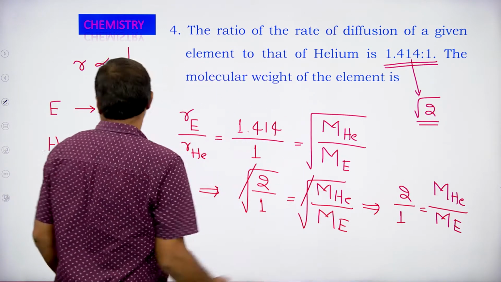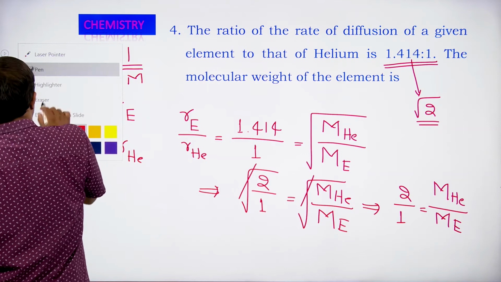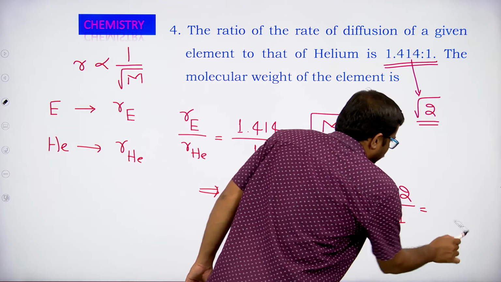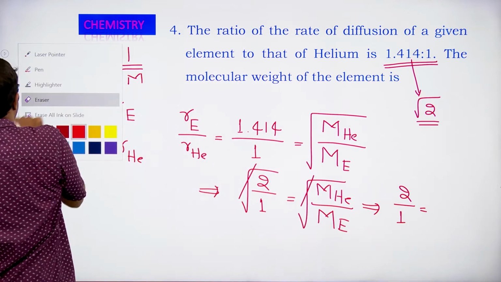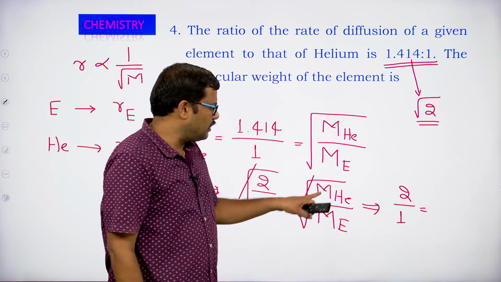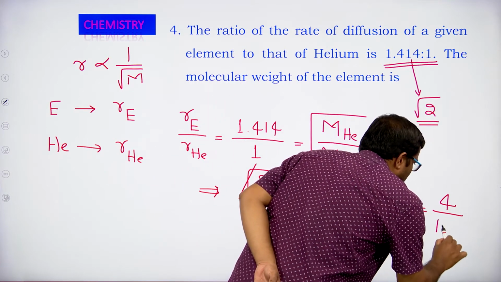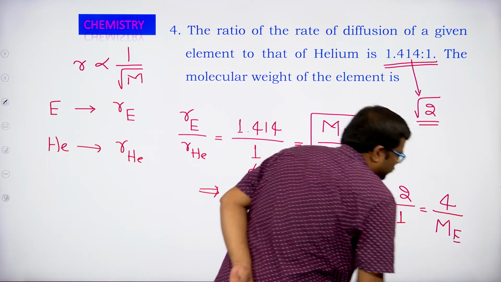So now substitute the molecular masses of the helium and the element. Directly you can get the value. What is the molecular mass of helium? The molecular mass of helium we know is 4. So the molecular mass of the element we have to calculate.